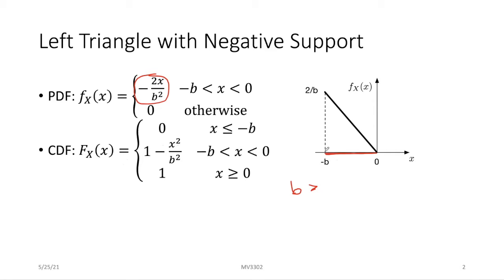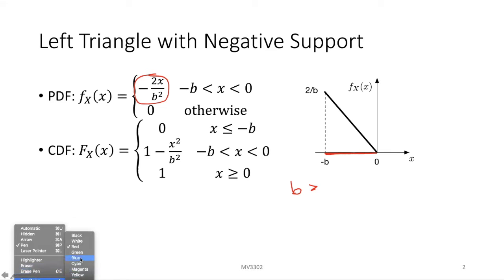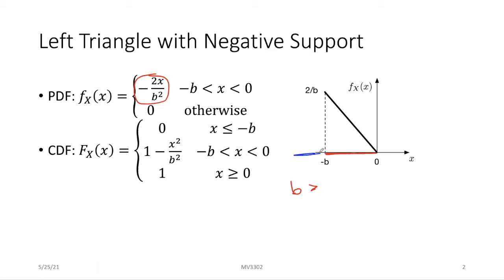Okay, and that should match what the picture is telling us, because remember, the CDF is the probability that the random variable is less than or equal to that value. So the probability that we get values down here is going to be 0, because this will only generate values between minus b and 0.